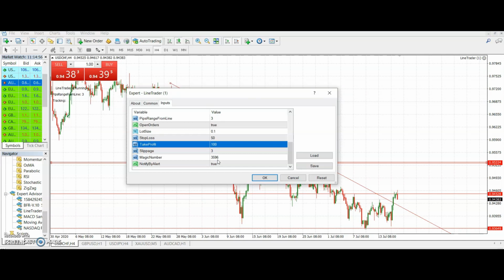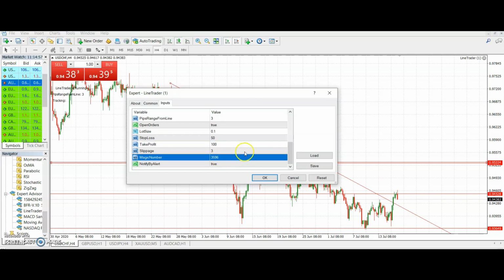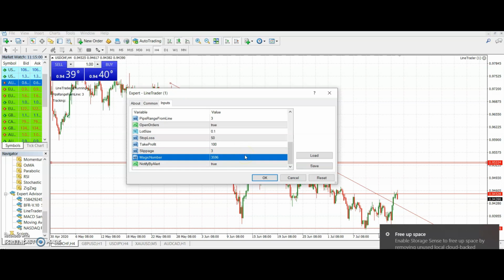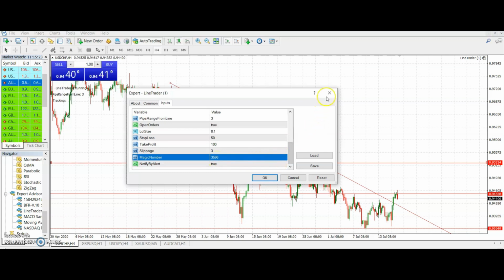You can just say in 5-minute time frame my magical number is 1, in 1 hour time frame my magical number is 2, in 4 hour time frame my magical number is 3. So it doesn't matter, but it has to be different if you are setting it up in different time frames. All right, and then notify by alert, obviously that has to be true for it to be useful, right? Just to alert you when you're done.